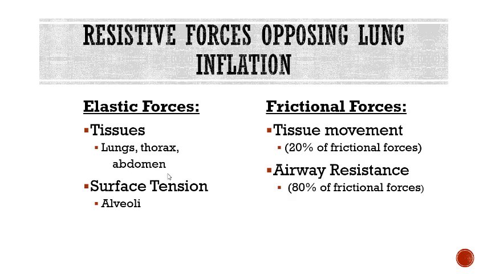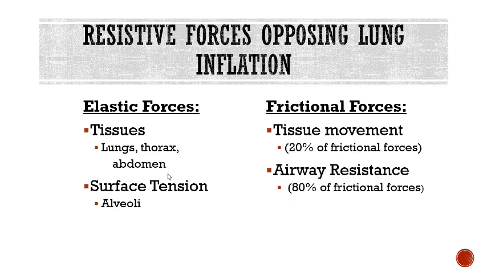Moving over to the other category, frictional forces, most of what we're going to be talking about with frictional force is airway resistance. We looked at the different bronchi and the pathways through the lungs. We go from the trachea to the mainstem bronchus to the lobar bronchus to the segmental bronchus, and they get smaller and smaller as we move through.